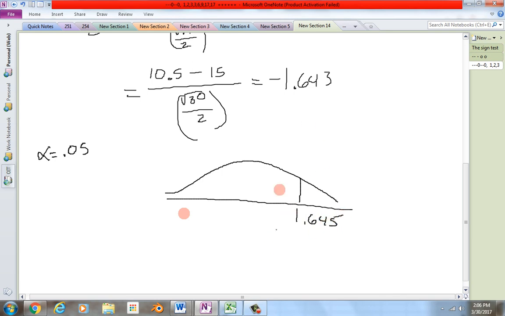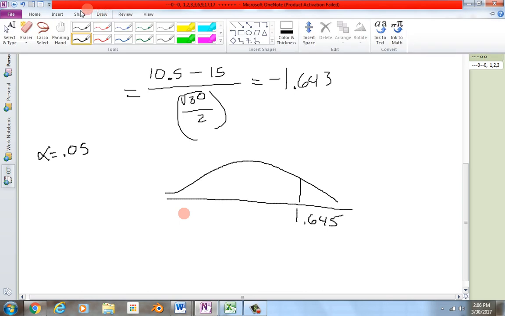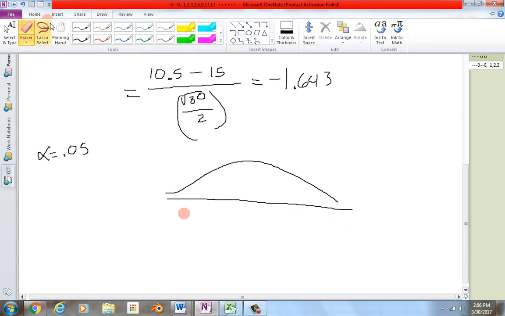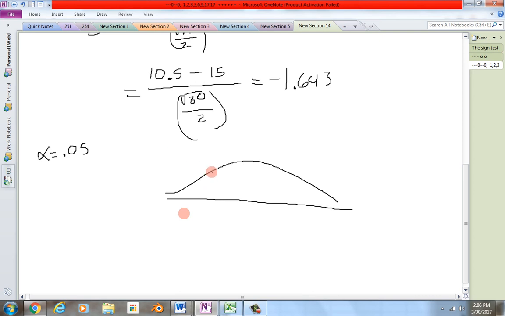That's pretty close. But because it's a negative, because we did the smaller one will always give us a lower tail at that point. That's the only thing that's a little weird about some of these non-parametrics. There's some kind of rules that they're a little tricky sometimes. So negative 1.645.